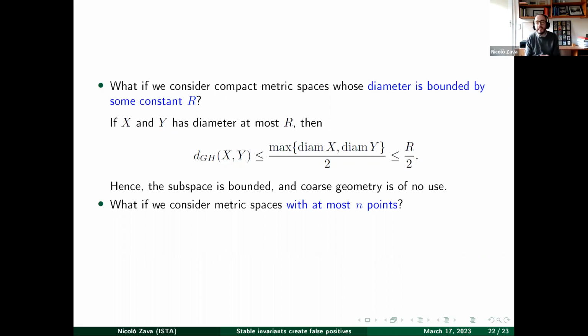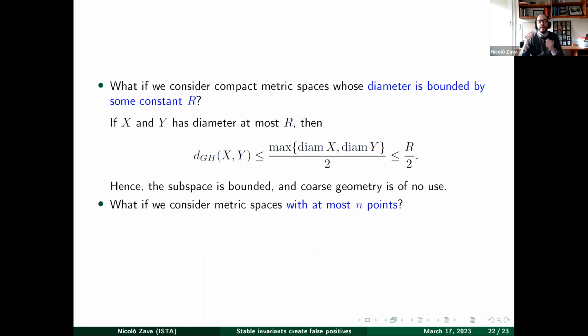However, we can use other techniques, and that's actually our goal for the future development of the project. We can use other techniques to maybe find problems by Lipschitz embedding, for example, and those kinds of things. The second direction we are pursuing is, what if we do not consider arbitrary metric spaces or arbitrary finite subsets of the real line, but we put a bound on the cardinality?